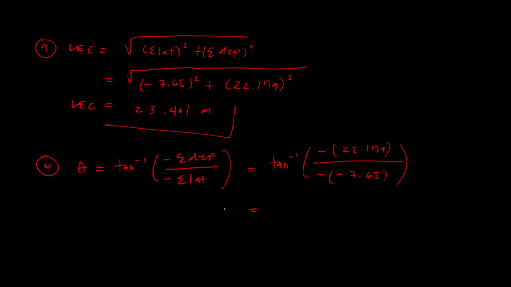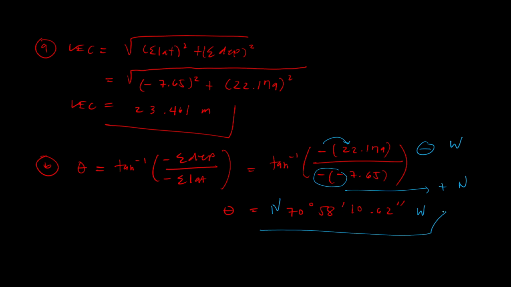So, that is yung bearing natin, 70 degrees, 58 minutes, and 10.62 seconds. Yung pag-determine ng direction niya, negative times negative, that is positive. So, pag latitude positive, that is north. And then negative times positive, so that is negative, so sa departure, that is west. So, yung direction niya, northwest. So, yung bearing ng side of error natin is 70 degrees, 58 minutes, 10.62 seconds northwest. Yan yung answer natin.